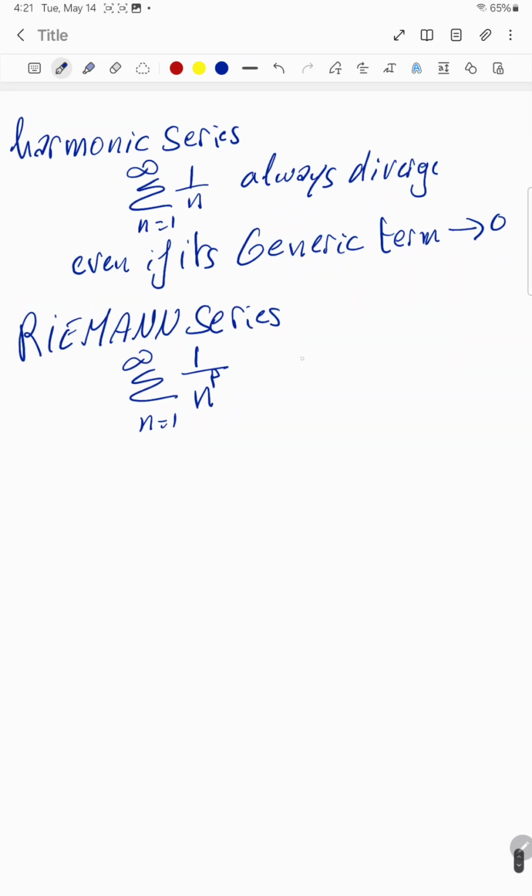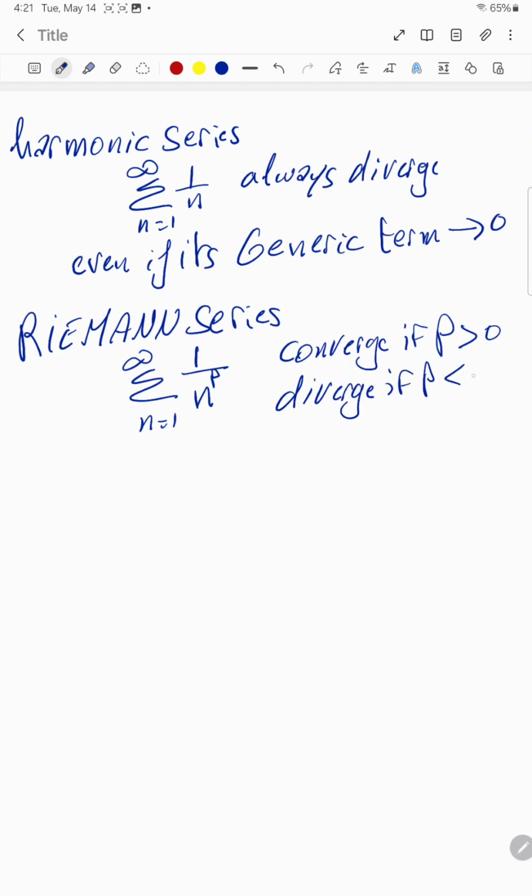And the Riemann series converges if p is greater than 1, and diverges if p is less than or equal to 1. And this can be proven. It can be proven by the direct comparison test theorem. We will do an example, and you will understand better. So let's start.